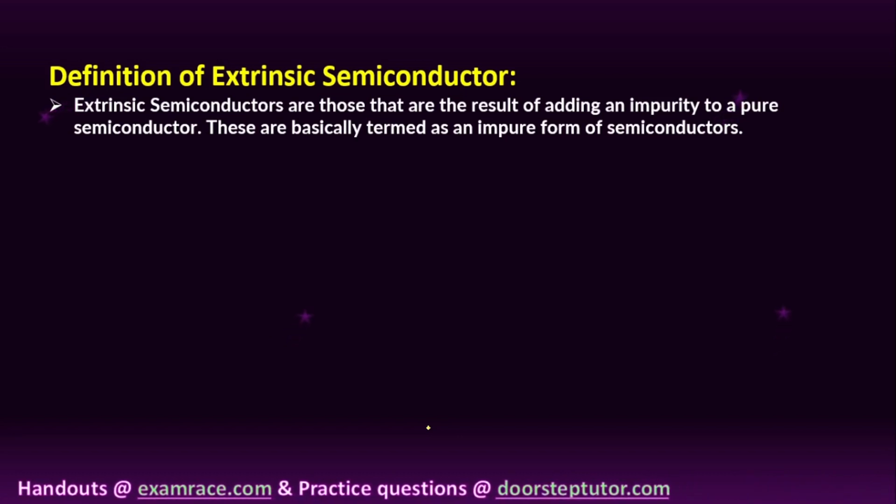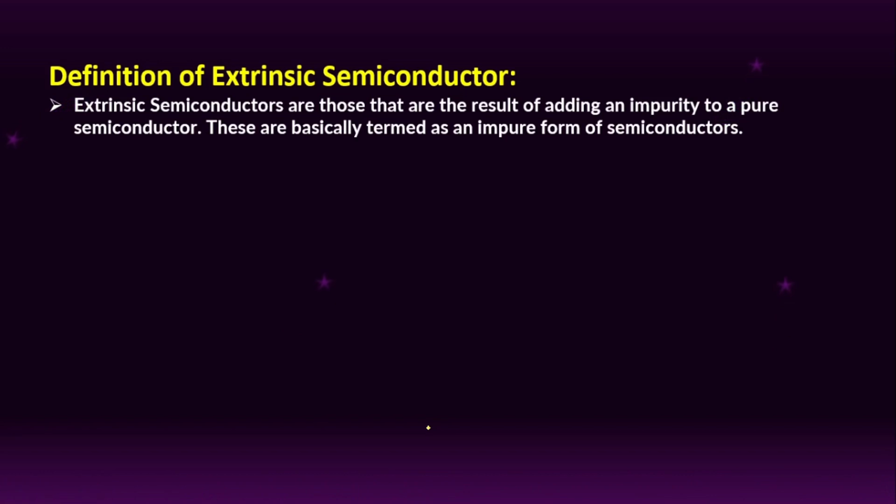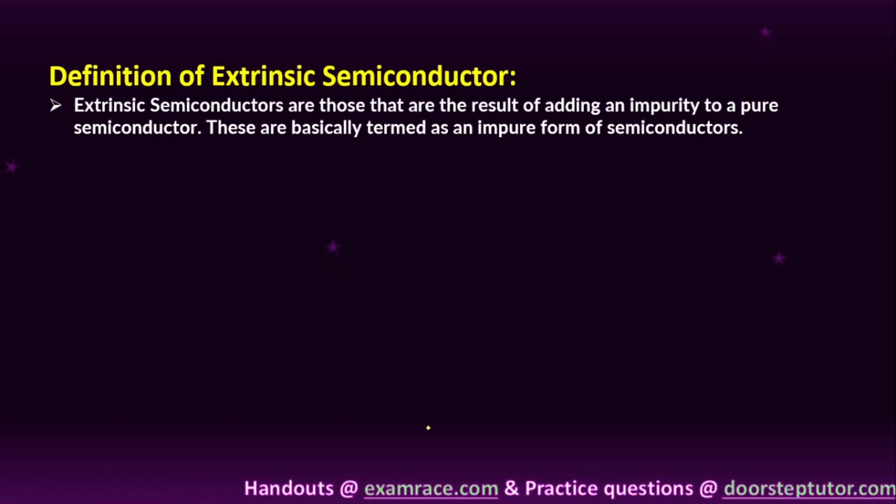The intrinsic semiconductors at room temperature show low conductivity. At 0 kelvin they cannot show the conductivity property. While we are adding impurities, or we can say doping, then they exhibit the conductivity property.